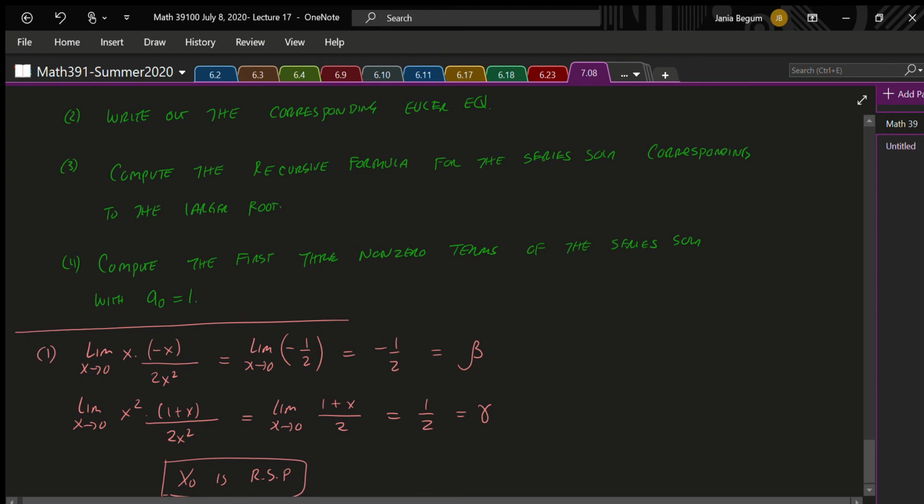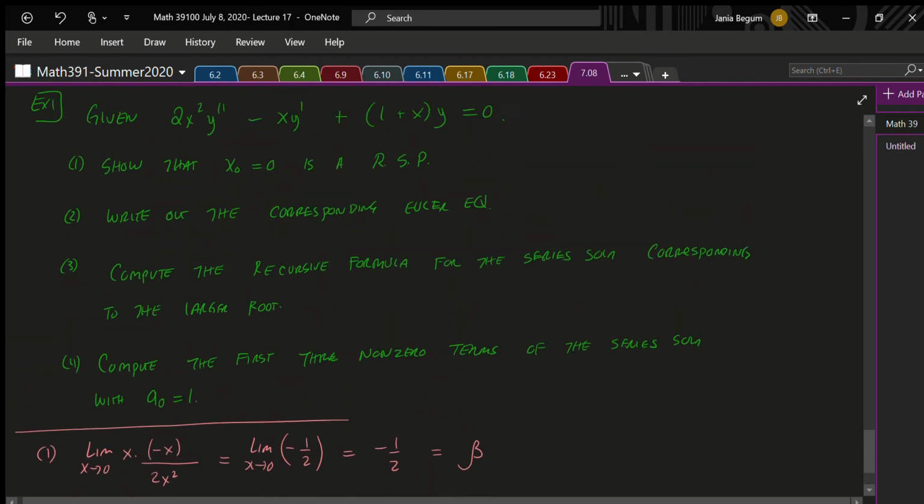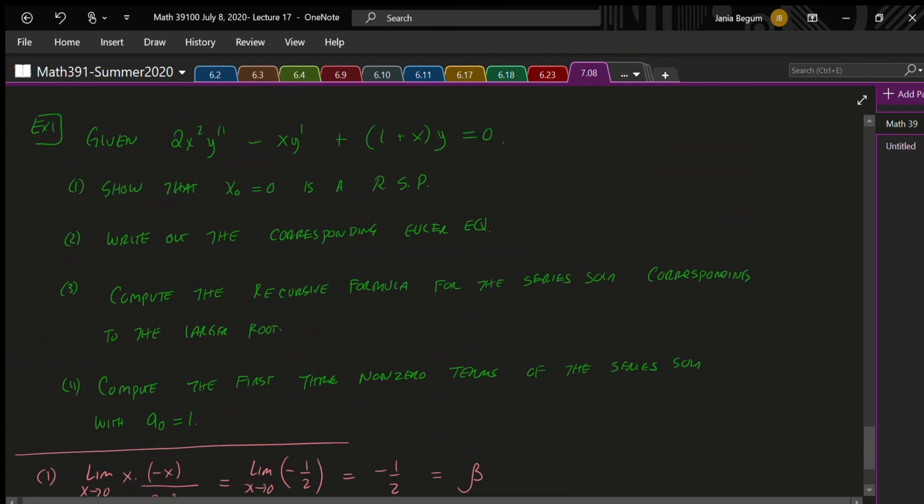Okay. Now for the second part, we want to write out the corresponding Euler equation. Well, we know the Euler equation is x squared y double prime plus beta xy prime plus gamma y equals 0. We already know what beta and gamma are for this particular example, so we just have to plug them in.